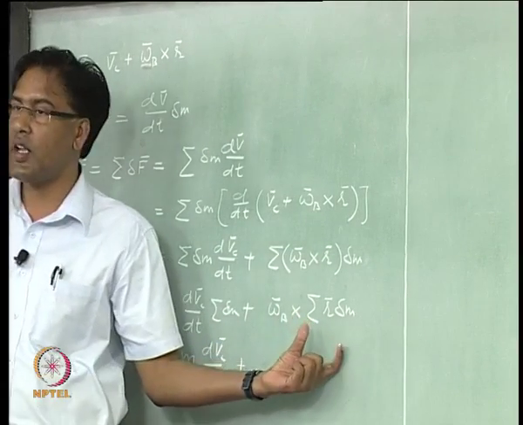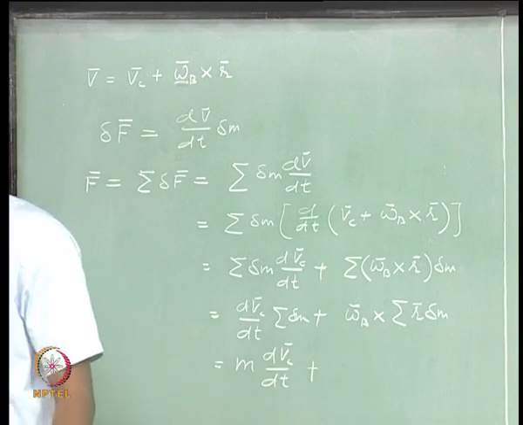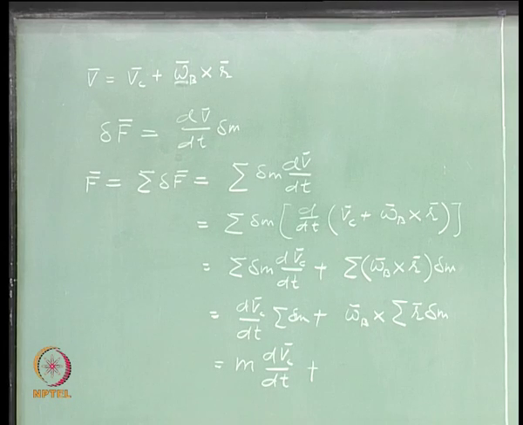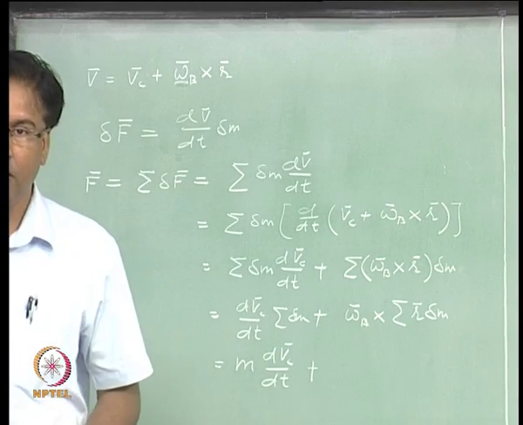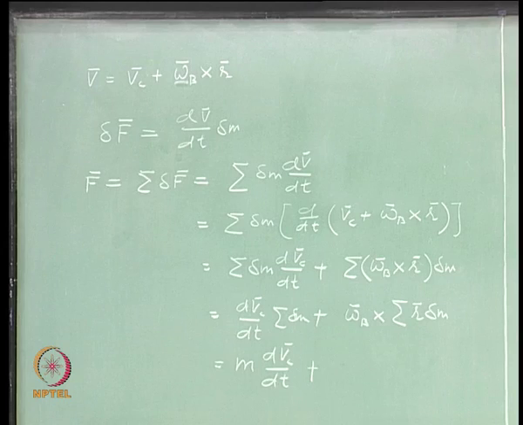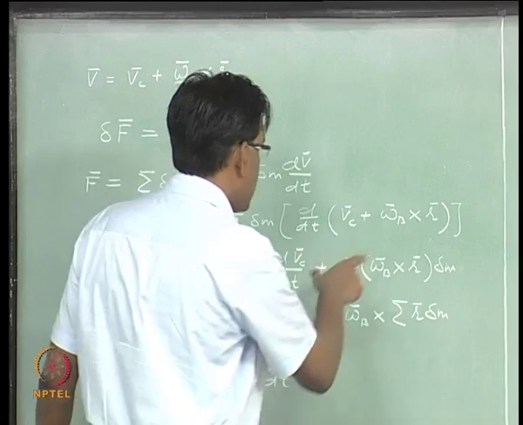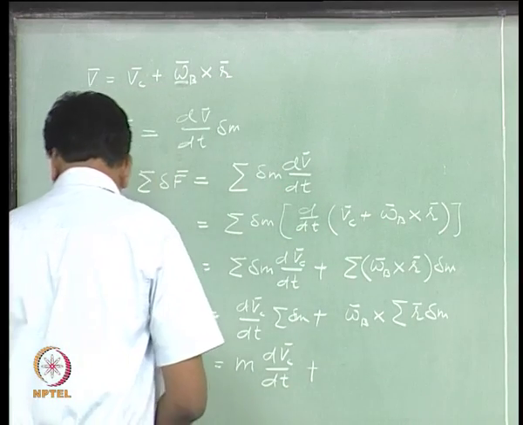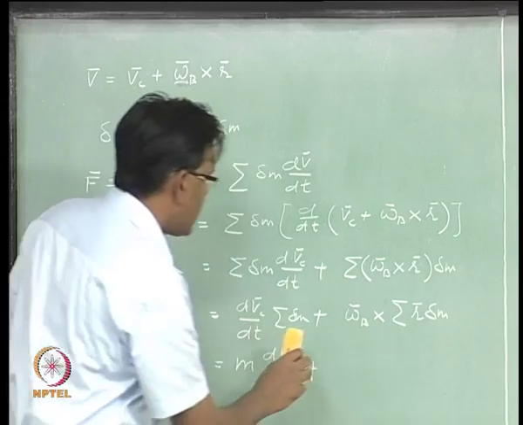What about this quantity? This is, yeah, okay, time rate of change of this is missing, right. Let me just, okay, you are right. So, we will have to rewrite this.